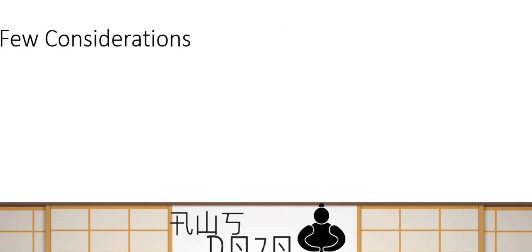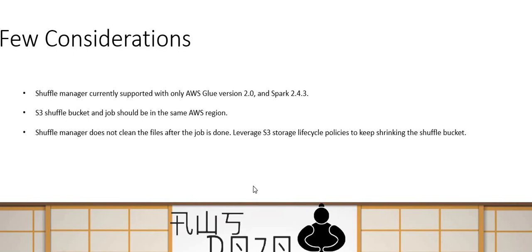Now, a few considerations which are very important when you are using Shuffle Manager with S3. The first one is that Shuffle Manager currently supports only AWS Glue version 2.0 and Spark 2.4.3. So you know that Glue version 3.0 has come, but if you want to use the Shuffle Manager, currently it's supported with 2.0 and 2.4.3.